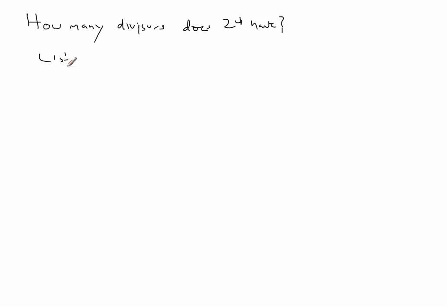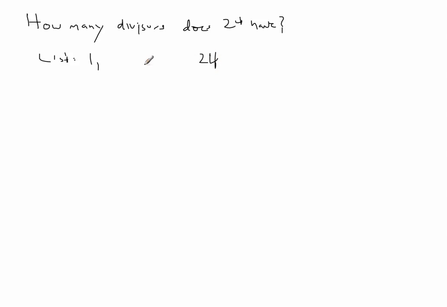All right, so if I make a list, well, obviously 1 is a divisor, and we talked about partners before, so 1 has a partner, and 1's partner is 24.